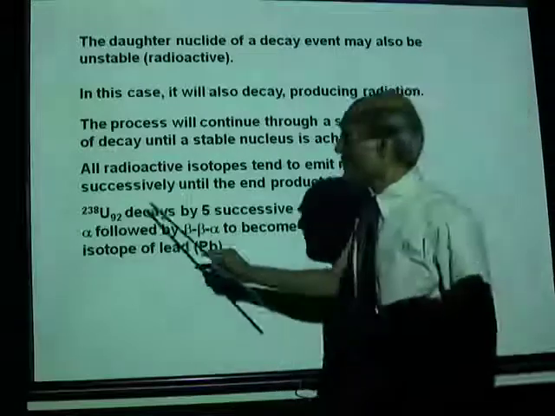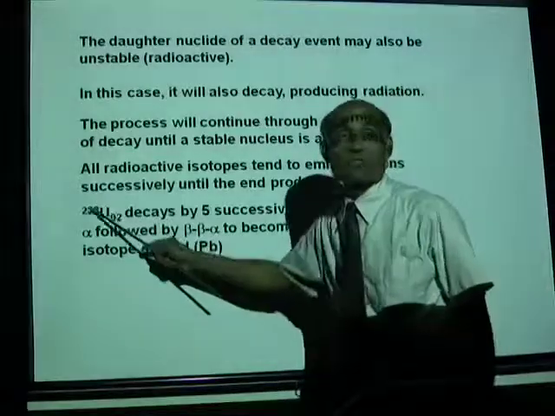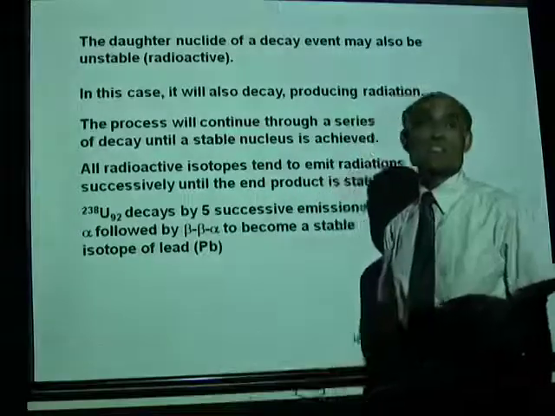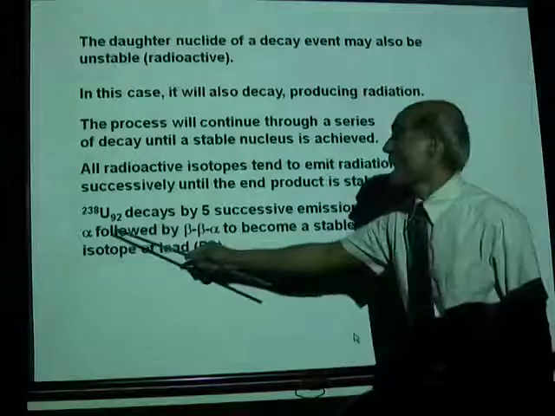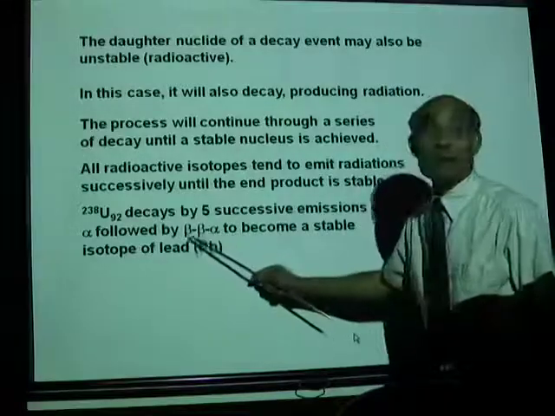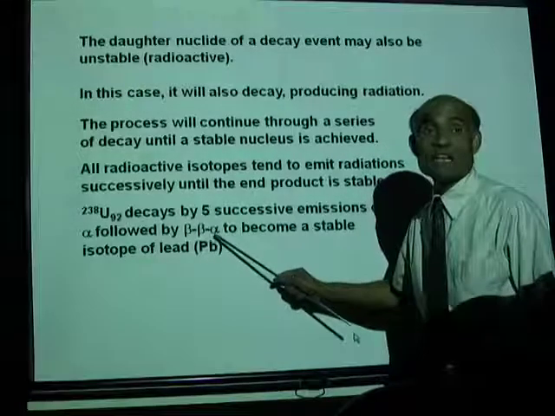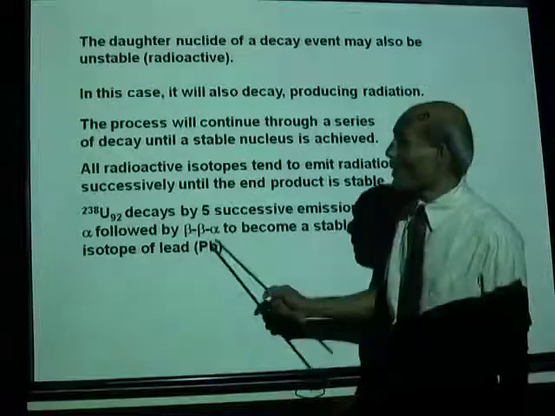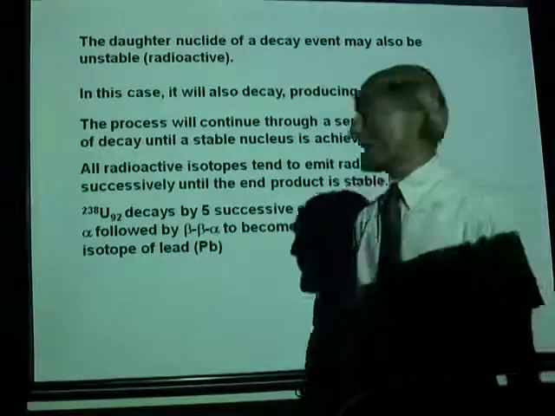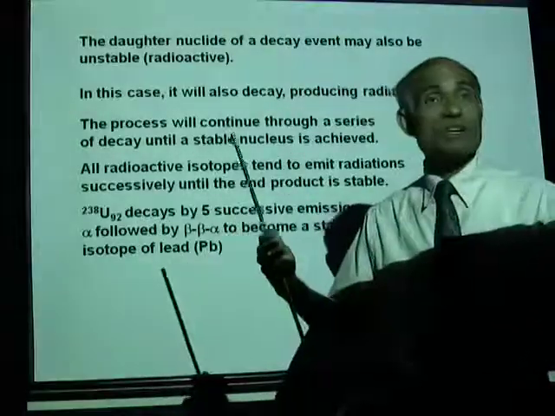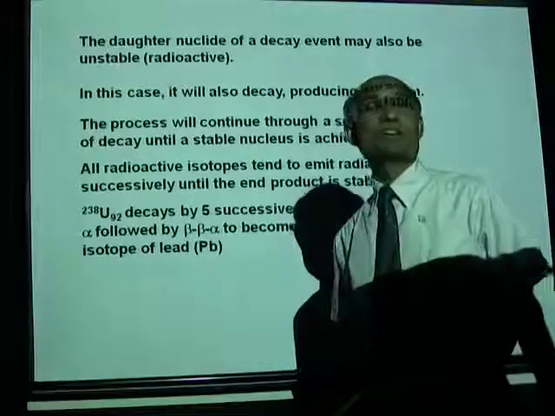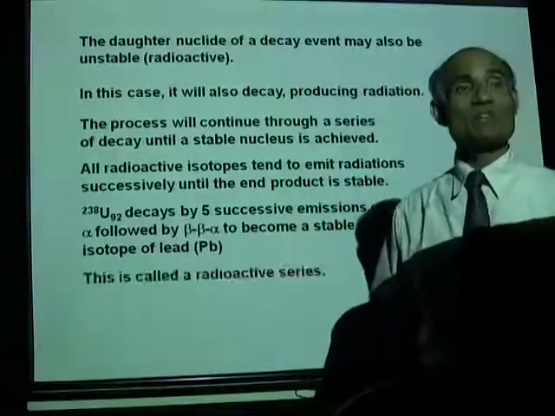For example, uranium-92-238 decays by 5 successive emissions of alpha, followed by a beta, beta, and alpha to become a stable isotope of lead. Now, you can actually write down those equations and see how ultimately it gives rise to the stable isotope of lead.